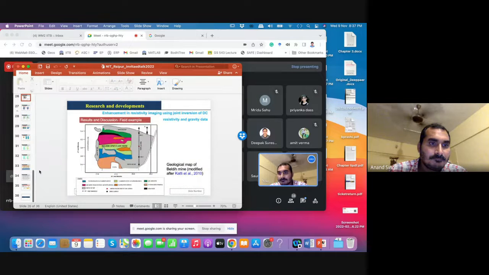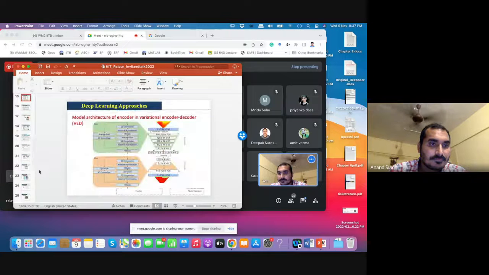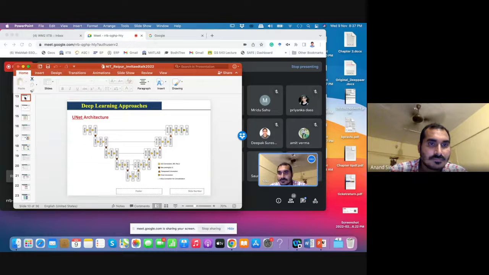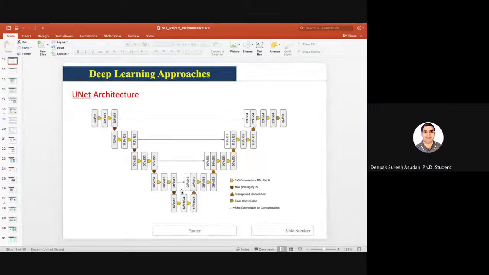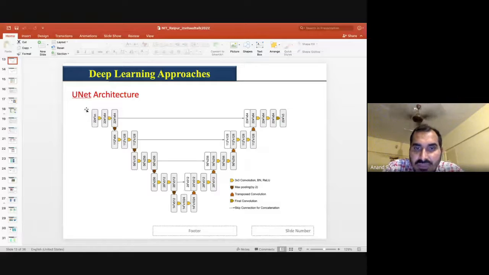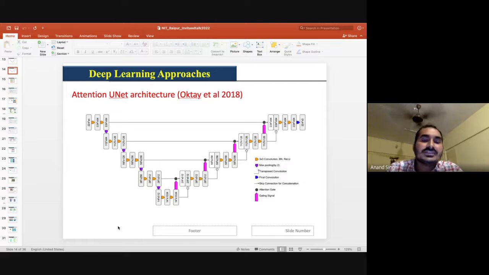So this is the U-Net architecture which I have drawn. Is it visible to you? Yes, sir, it's visible. So the attention U-Net architecture we have drawn in this way. If you see the attention unit, it has a slightly changed form.